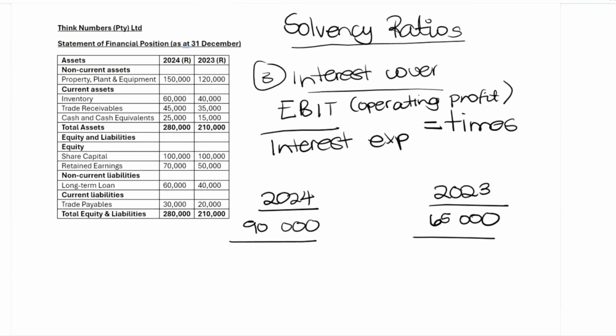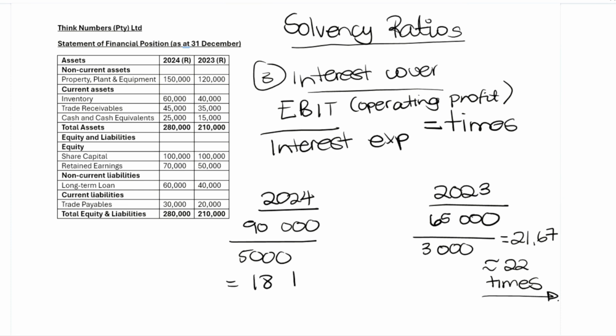So if we go back up, in 2023 we had 3,000 and in 2024 5,000. In 2023 you should get 21.67, which you can round off to 22 times, just so that we have a nice rounded number. And in 2024, you would have gotten 18 times.